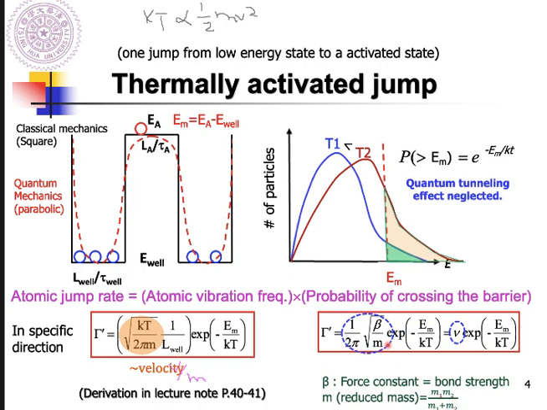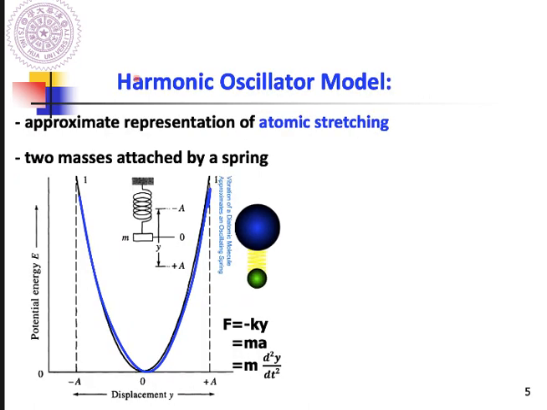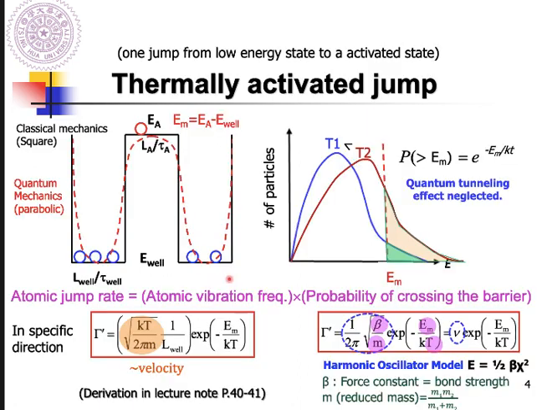So how do we get this atomic vibration frequency in quantum mechanics? We are going to use what we call the harmonic oscillation model. By using this harmonic oscillation model, you can get this atomic vibration frequency. Let me give you a quick review of the harmonic oscillation model. This model is very different from the one we learned in classical mechanics, because in classical mechanics, we think the atoms just move, independent of other atoms.